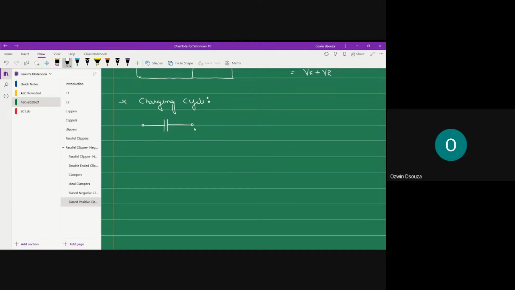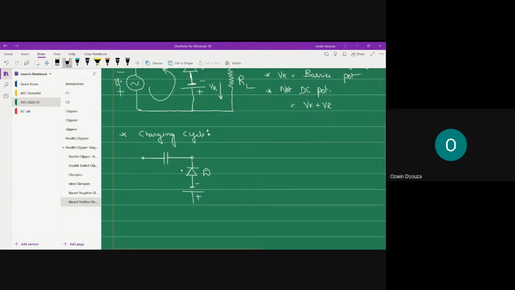Since we are substituting the diode model, let's consider this diode as the ideal diode. Let us also place the reference source as well as the barrier potential. So the total potential is Vk plus Vr.